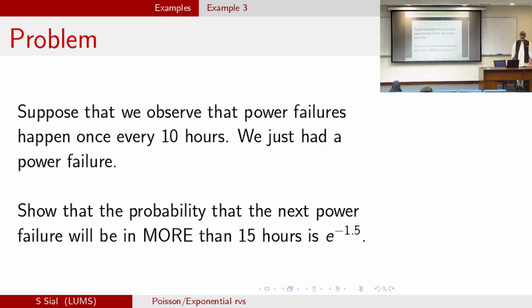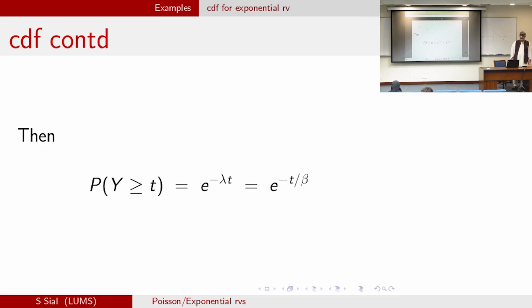Why is that e to the minus 1.5? Because we just did that problem: e to the minus t over beta, so e to the minus 15 over 10, e to the minus 1.5.